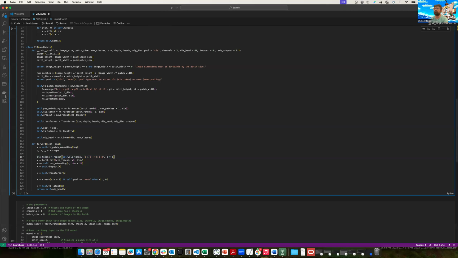Originally the image is 2D, but we have colors as well. So originally the image is represented as height and width, and then the channel, or to put it simply, the RGB values, right? Originally the image is represented like this.